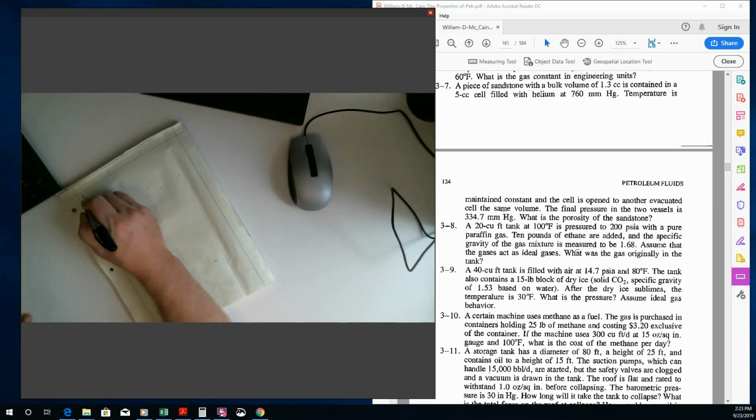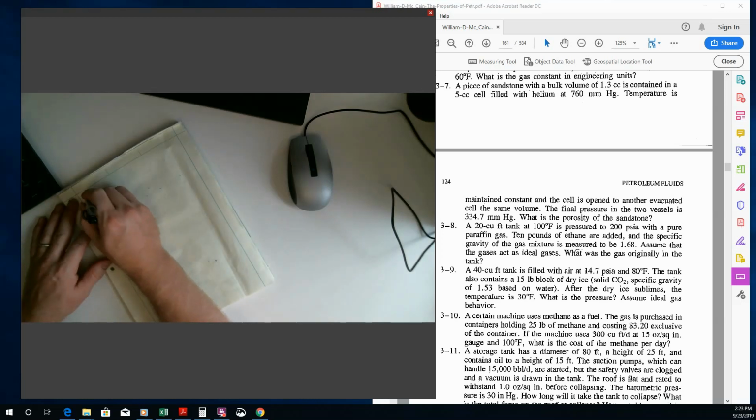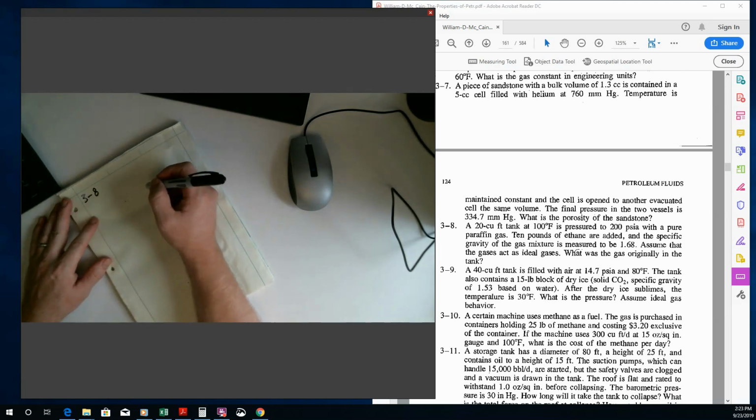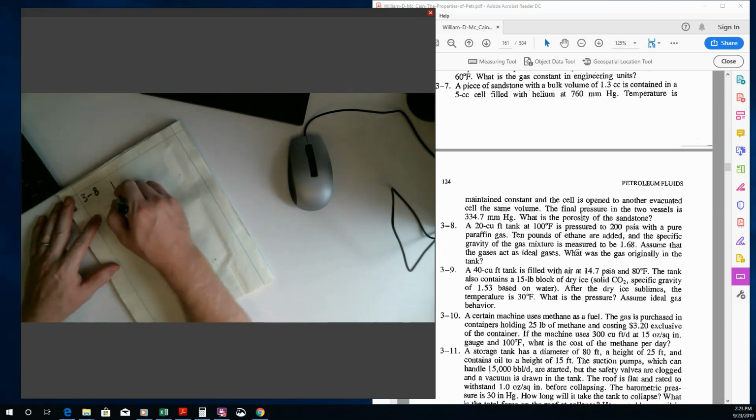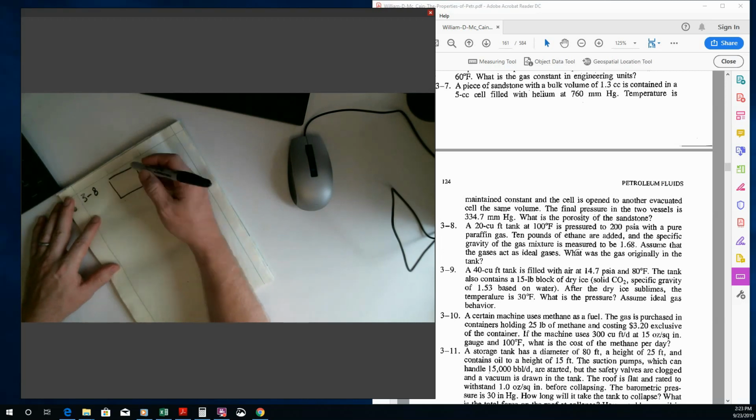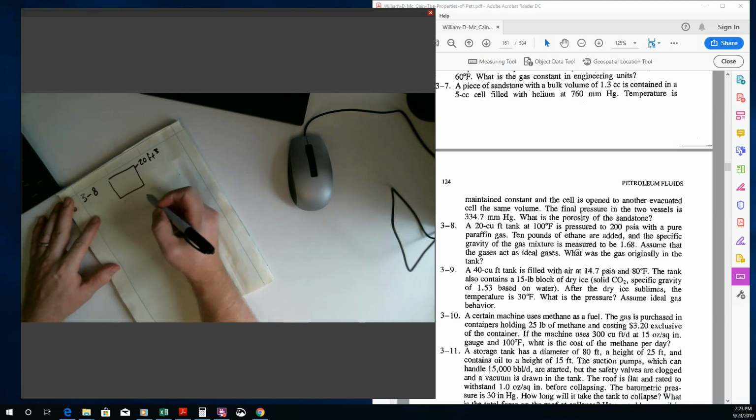Okay, let's look at 3-8. So 3-8, we have a 20 cubic foot tank.